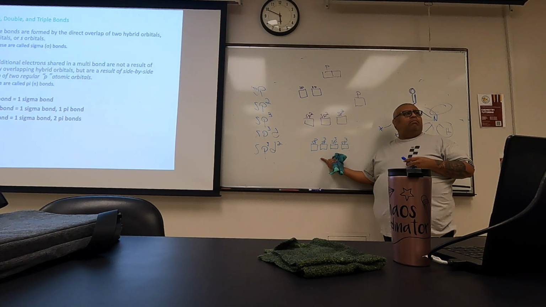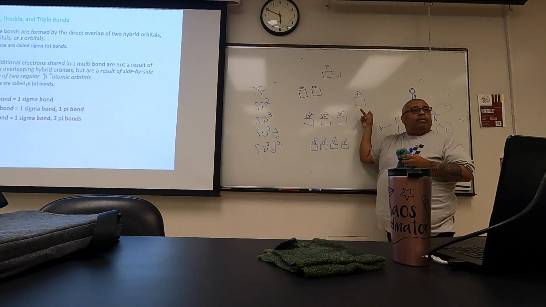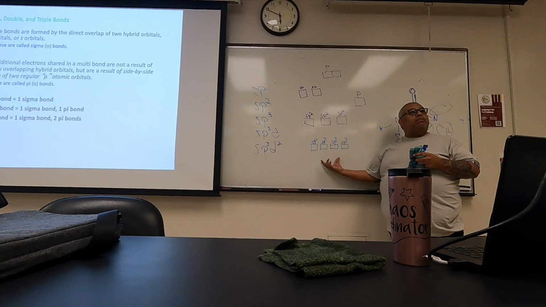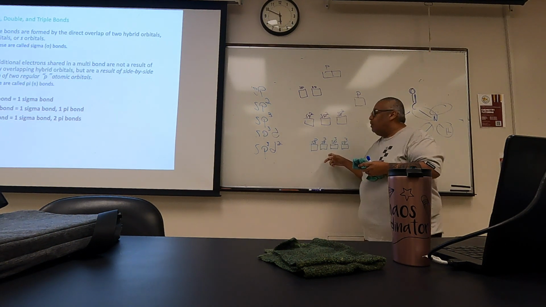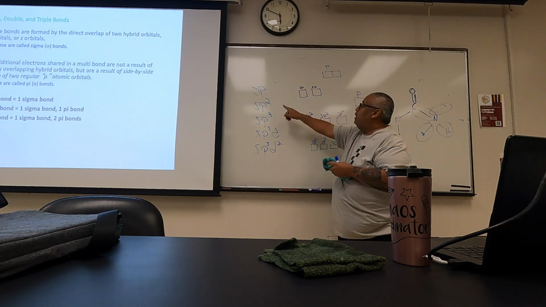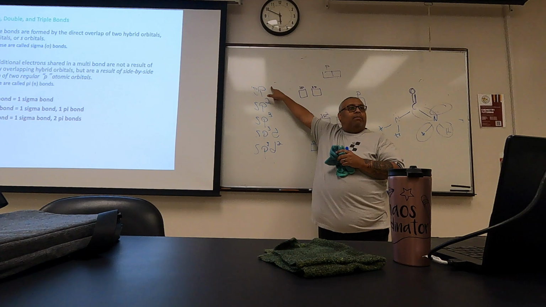No, because we need an unhybridized p orbital to make those pi bonds. And all we have here is 4 sigma bonds. So anything that's sp3 hybridized is not going to make a double bond.